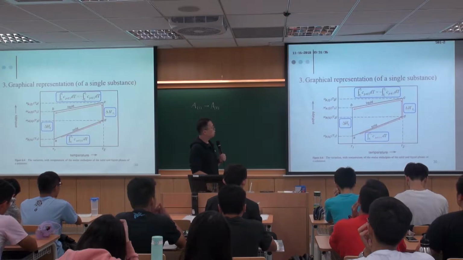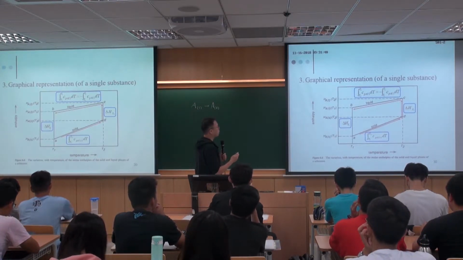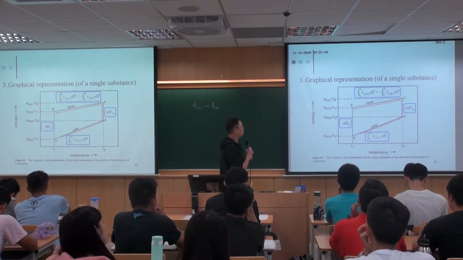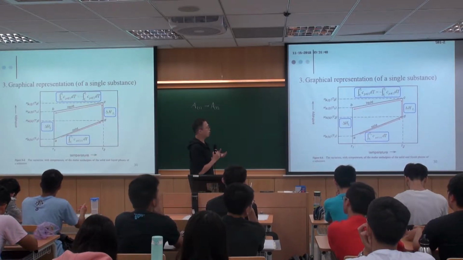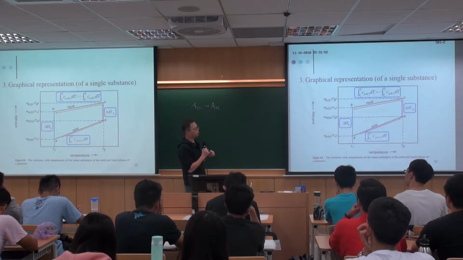But we are not specifying the melting temperature or the phase transformation temperature. We're just saying that this material can have two different phases. It can have a solid phase. It can also have a liquid phase.